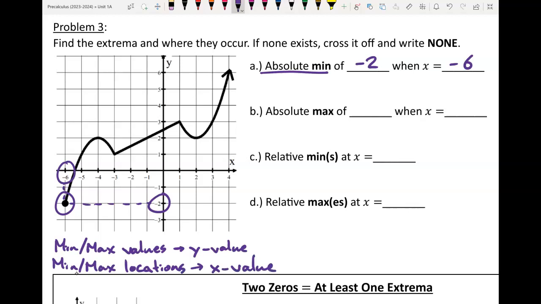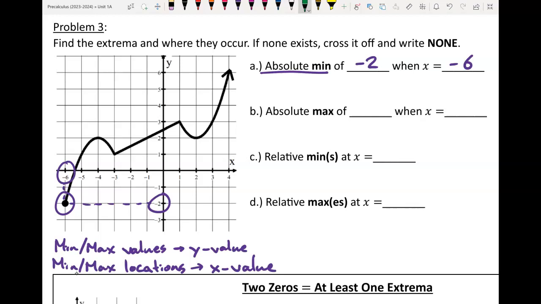The x value tells us where it happens, and the y value tells us how much it is. So the y value gives us the actual max or min value, and the x value tells us where it occurs. All right, so that's our absolute min at x equals -6 with the absolute min value of -2.